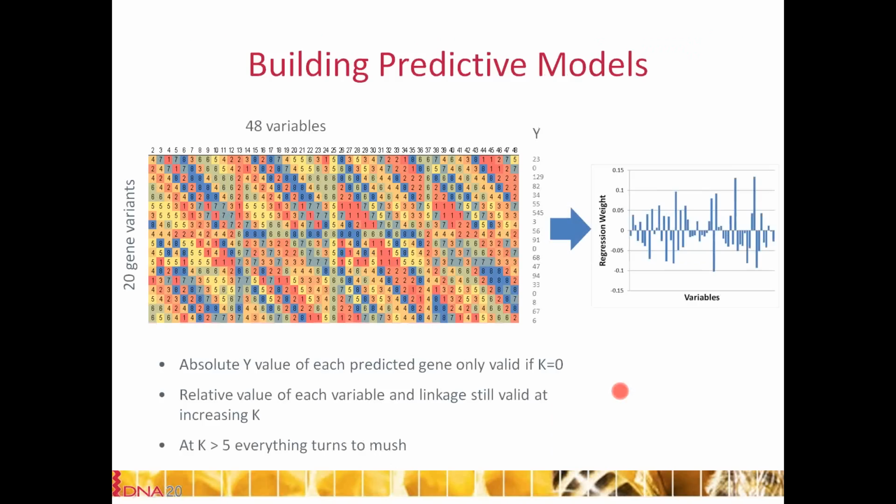So here's an example where in this particular matrix, we have just 20 gene variants. Each row is one gene variant of this particular protein we're trying to engineer. And each column is one specific variable, so one amino acid that's been substituted from something to something else.